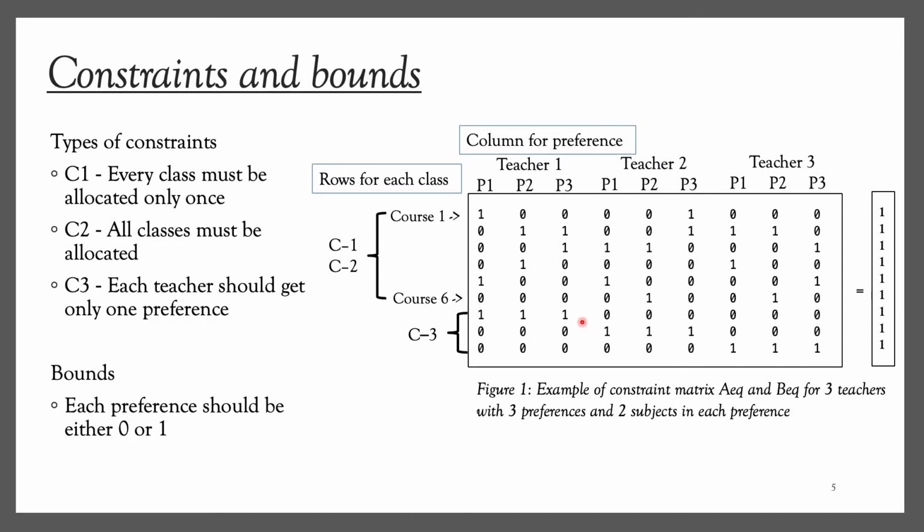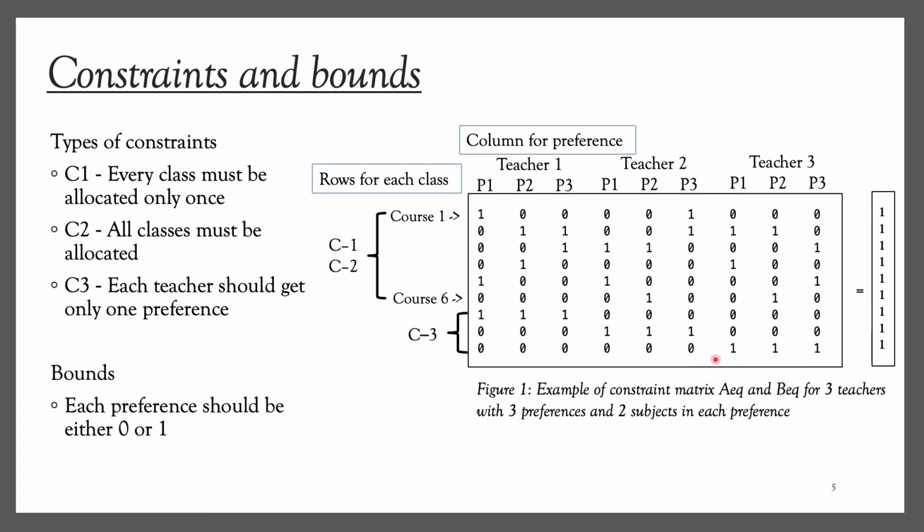That means only one preference can be given to any one teacher. Similarly, the second row is for the second teacher, which has zeros here because this is for the second teacher, and all the preferences for teacher 2 sum to 1, which means that only one of the preferences of teacher 2 can be allotted, and similarly for teacher 3.